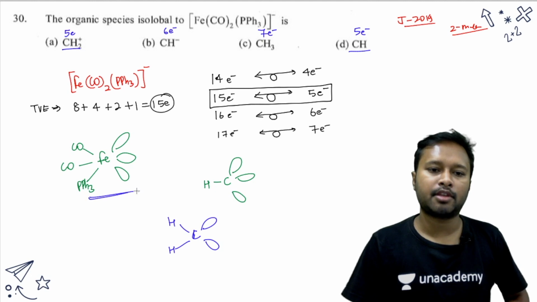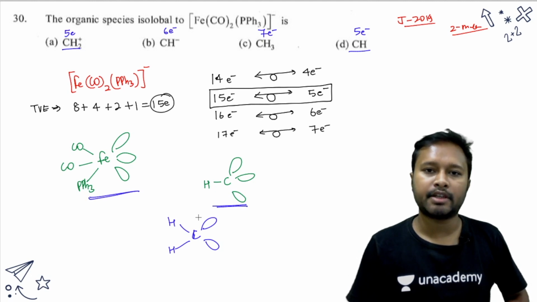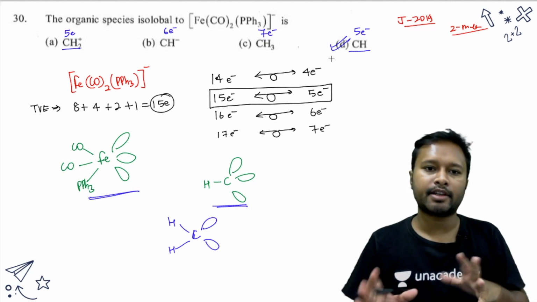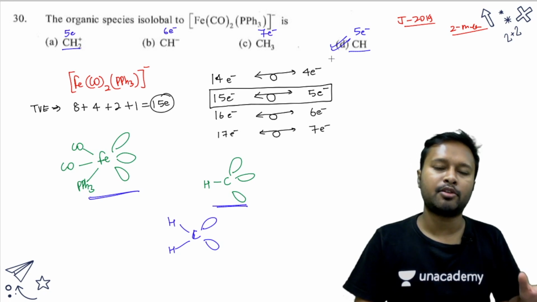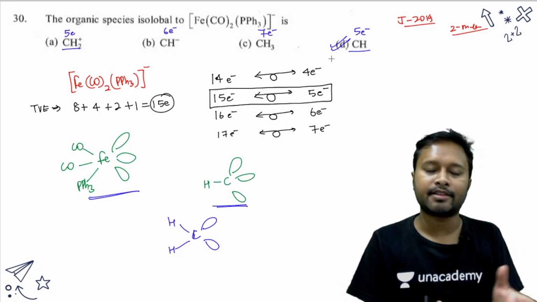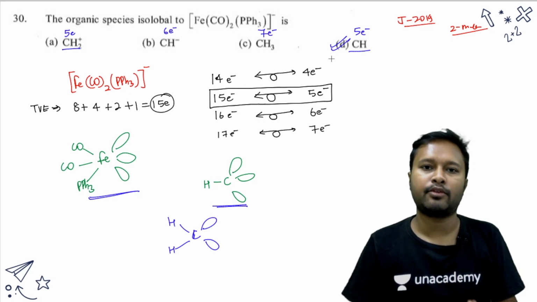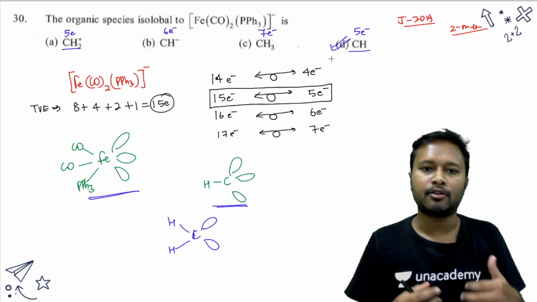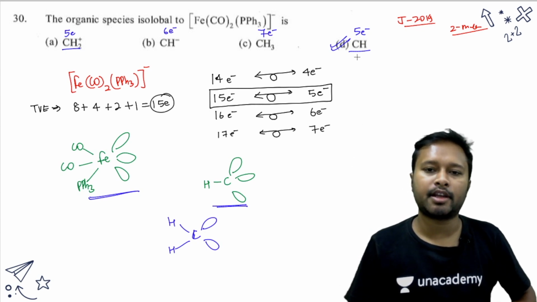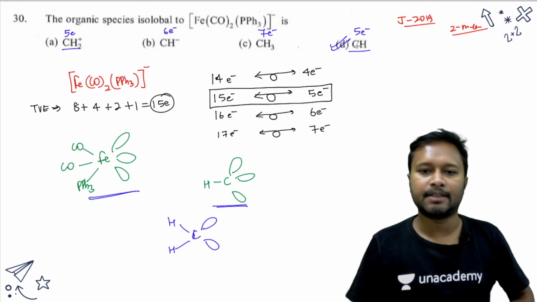So based upon the vacant sites, the correct option is option number D. This is what I wanted to convey: in case you are not able to tell the correct answer based upon the valence electrons, look at the fragments also. Look for the vacant orbitals and the orbital sizes also. That's how the answer is determined, and the correct option was D.